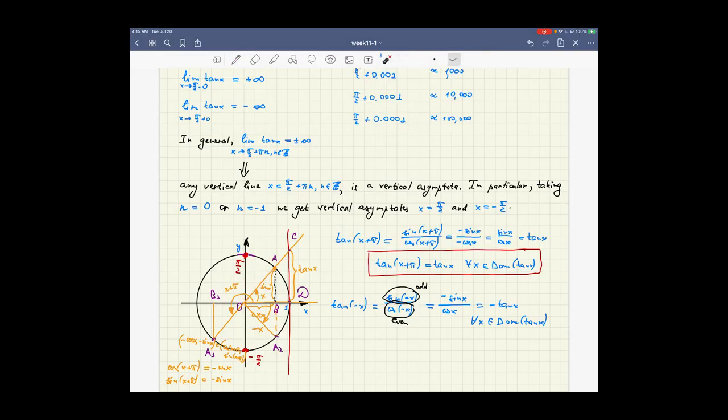They're both right triangles with these two angles equal and equal hypotenuses. That's enough to conclude that they're equal as triangles. So the coordinates of point A2 are therefore cosine x, negative sine x.